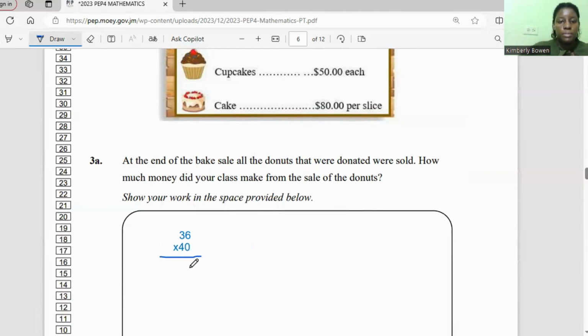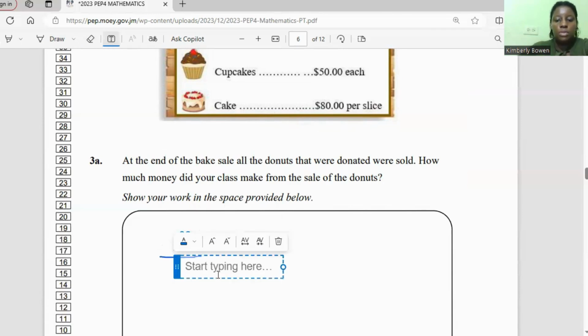Zero times any number is zero. And so that's for the first row. And we use a 0 for placeholder.